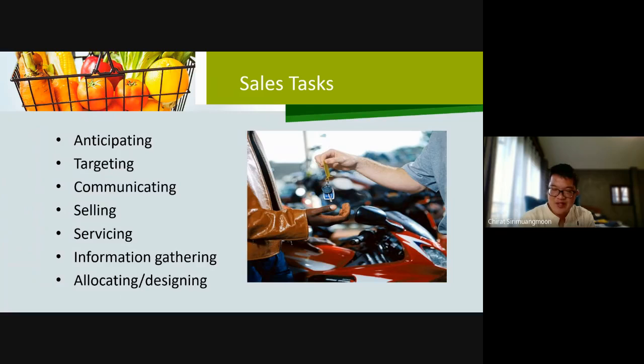You need to give some services. You need to inform and then collect the information and send back to the company. And last one, you need to design or allocate the product or service. Like this is the new product, but it's not fit with this group. So you need to make some suggestion back to the main company. So this is the sales task.